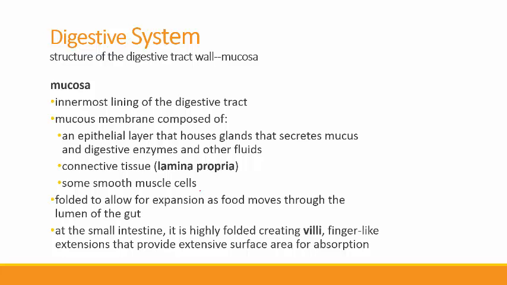The lining of the gastrointestinal tract is folded, and so this mucosal lining is folded up. That allows the digestive tract to stretch without ripping the mucosal layers. And when we make our way to the small intestine, this mucosal layer is highly folded.